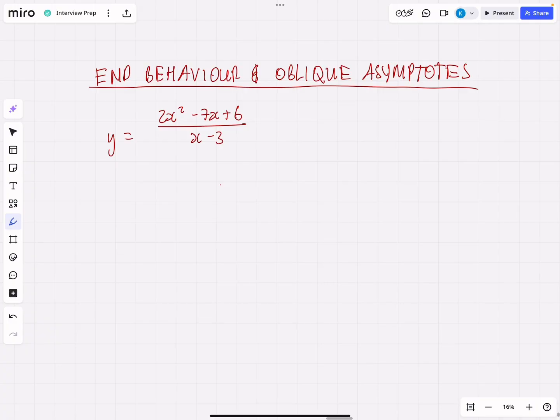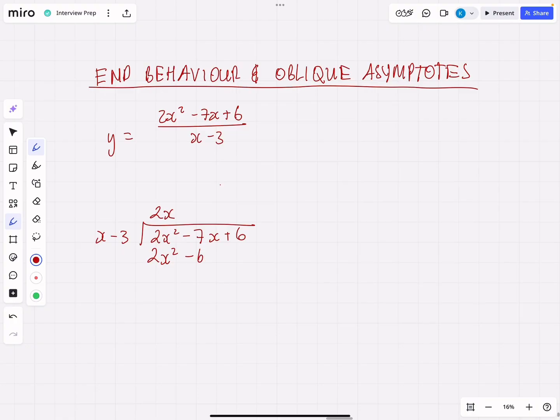So I have this rational function here. I'm going to perform polynomial long division on this. So we're going to have x minus 3, 2x squared minus 7x plus 6. Divide this by x, I get 2x times, get 2x squared, get minus 6x here.